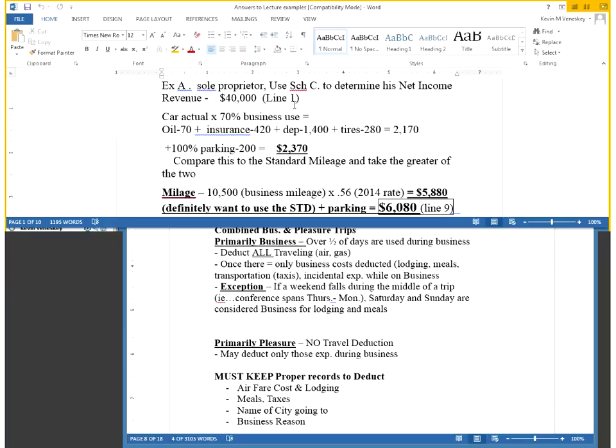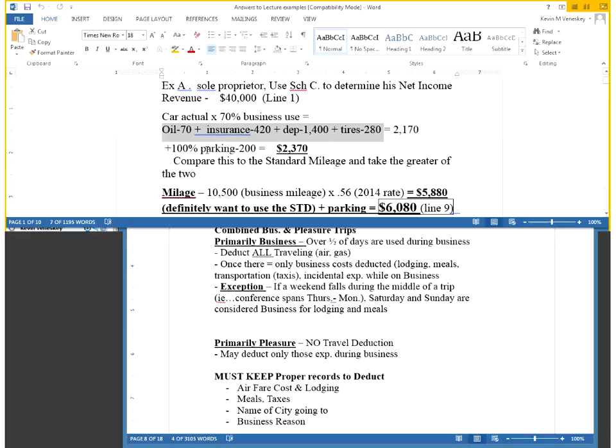We had gross income there of $40,000, so that's what we would put in line 1. And then this car expense, so we go down to line 9, Part 2, and we would want to put in the higher number. We could either put in $23.70, which again I took 70% of all of my costs except parking.